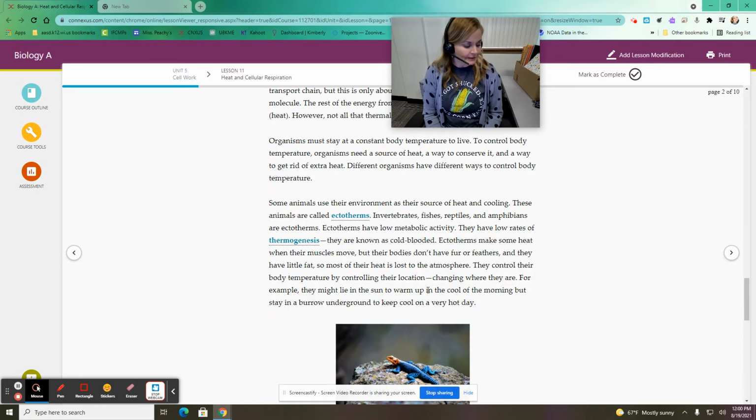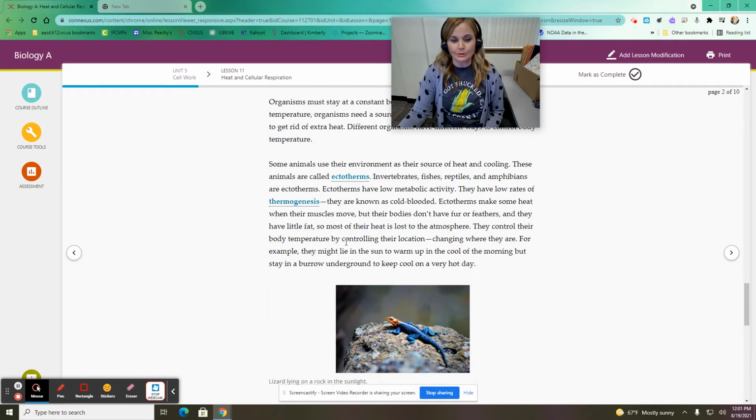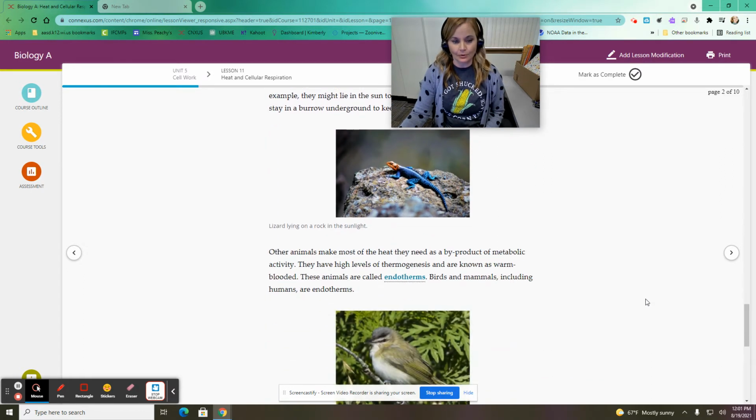They also rely upon the structure of their body a little bit as well. The size of the body can help regulate heat as well. More importantly, they control their body temperature by controlling their location, changing where they are. For example, they might lie in the sun to warm up in the cool morning, but then stay burrowed underground on a very hot day to stay cool.